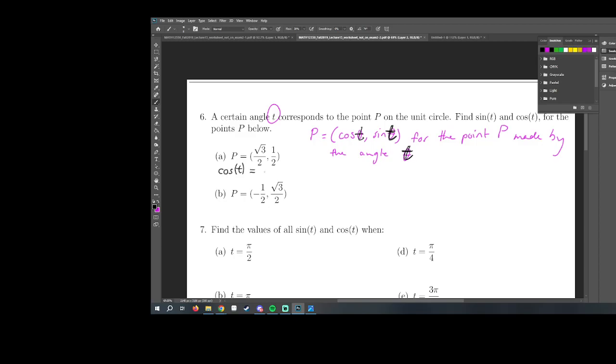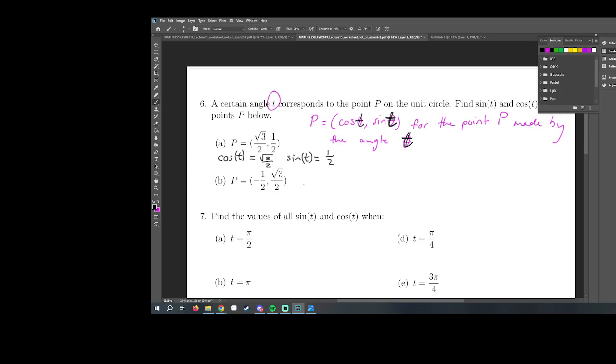The cosine of t is the square root of 3 over 2. It's this number here. And the sine of t is 1/2. And that's it. That's all you have to do for part A. They're just using the fact that the coordinates of a point on the unit circle are always the cosine and sine of the angle that made that point.